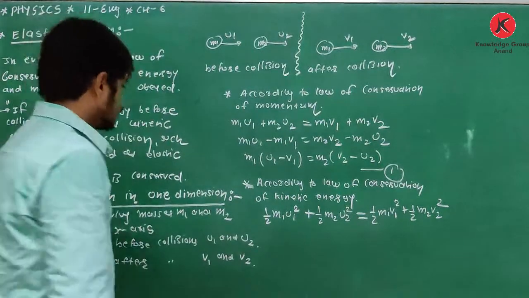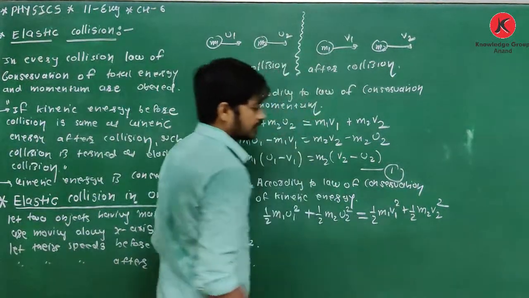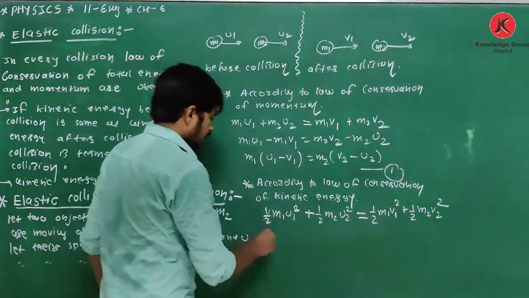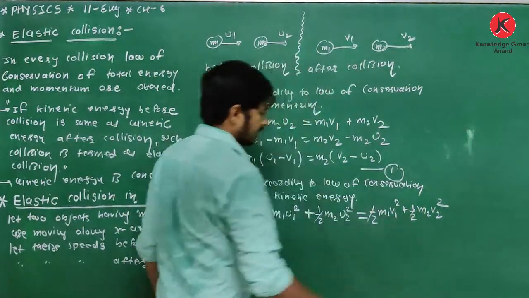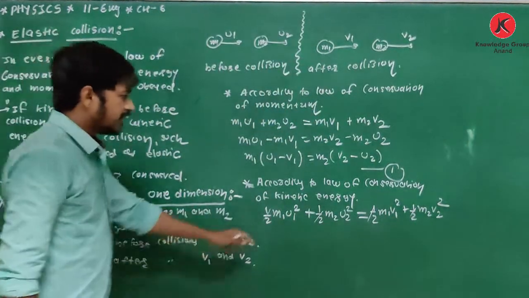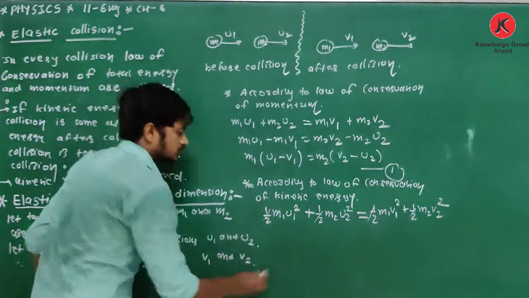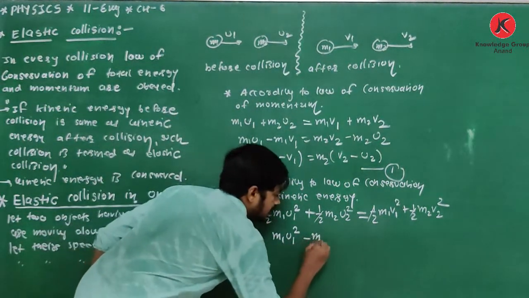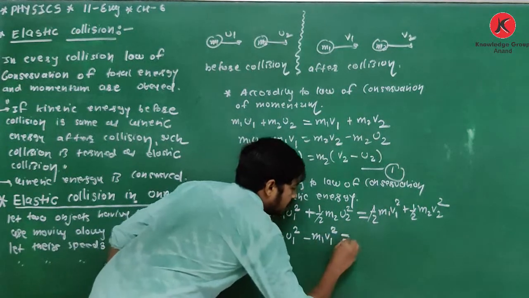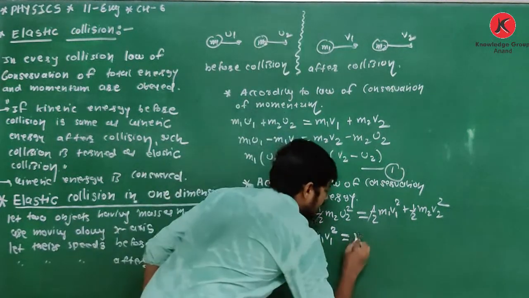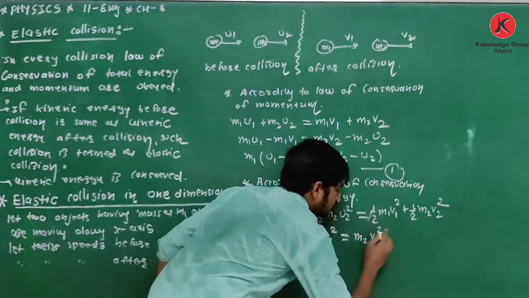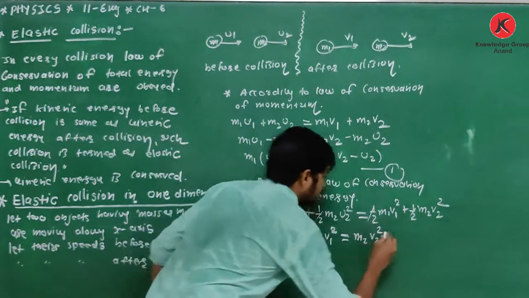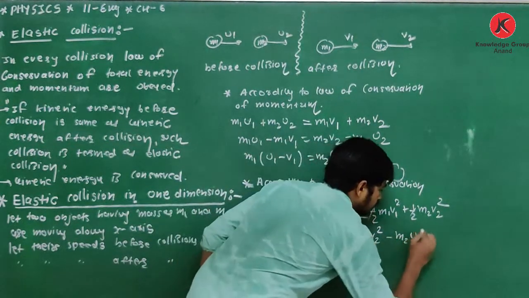So this half and half cancel out. Now again take terms having 1 on one side, so we get m1 u1 square minus m1 v1 square is equal to, on the right-hand side, m2 v2 square minus m2 u2 square.